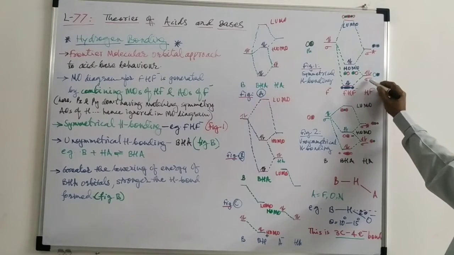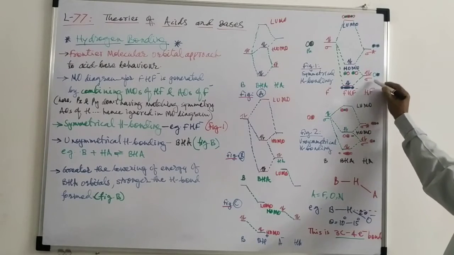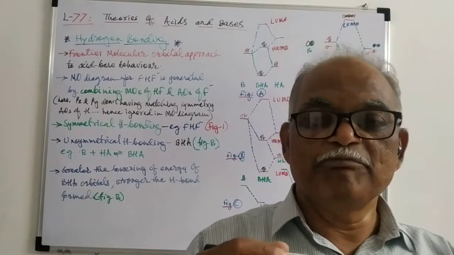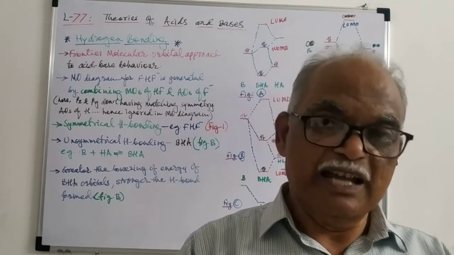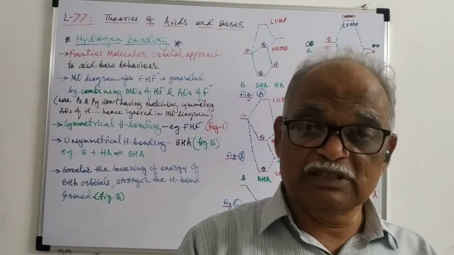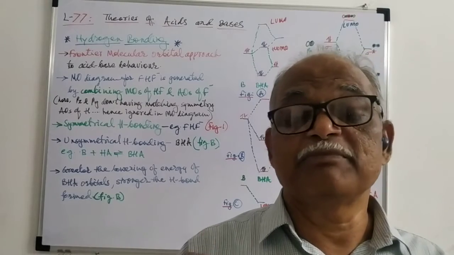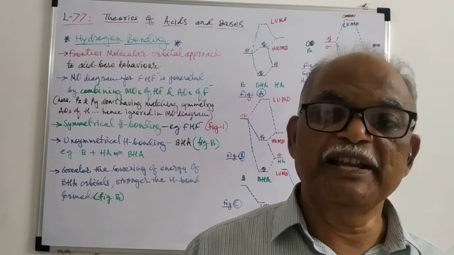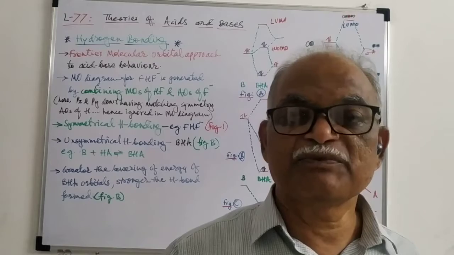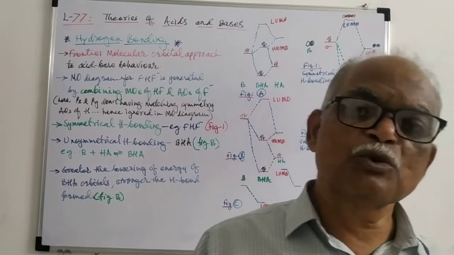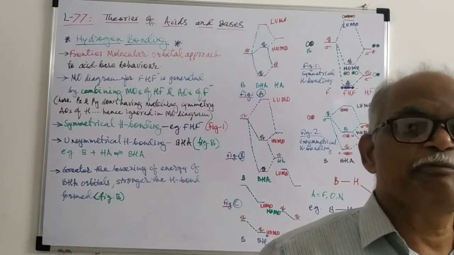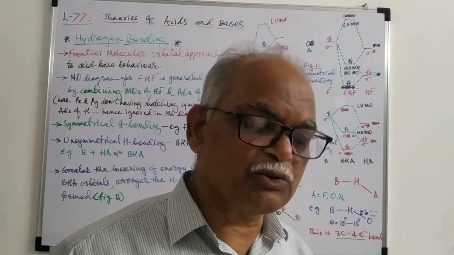You must know that the HOMO of this HF molecule is sigma in nature, meaning it is formed by axial overlapping between the 1s of hydrogen, H plus, and the pz of fluorine. The remaining orbitals, px and py, have pi orientation and do not have any matching symmetry orbital from the hydrogen atom.